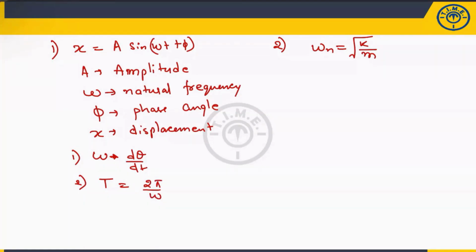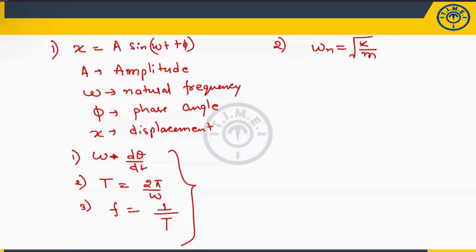Once you know the ω value from this equation, you can calculate the time, 2π/ω. Once you know the time, you can calculate the frequency also. Frequency is the reciprocal of time, meaning how many oscillations you can do in 1 second.